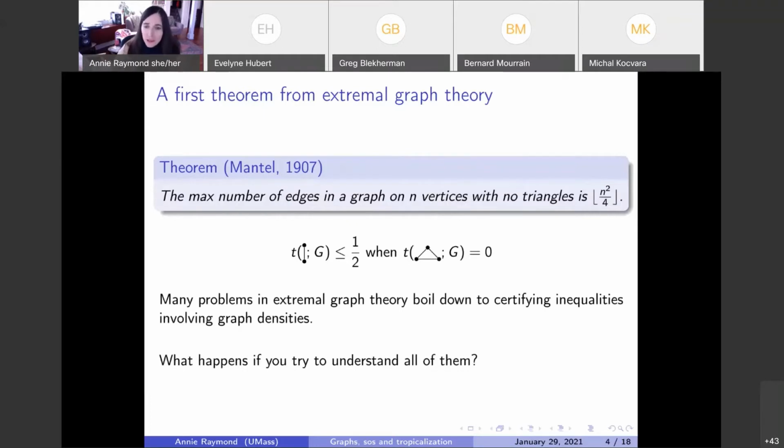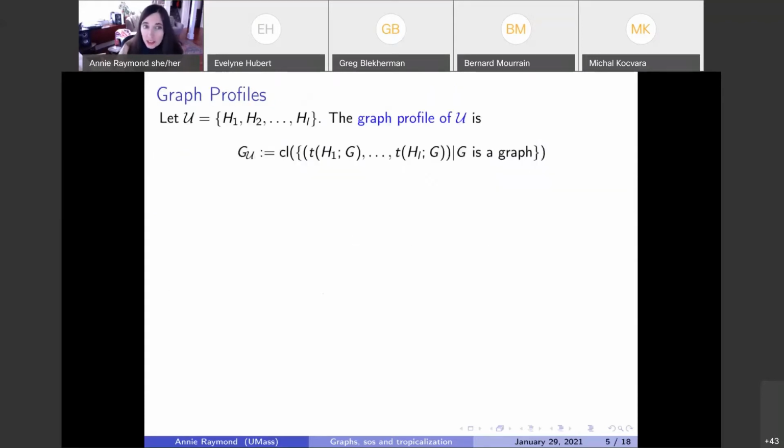But before we go there, I just want to give you a taste of the bigger problem: what happens if you try to understand all valid inequalities that involve graph densities. This is the concept of a graph profile. Let's say that I give you a list of some finite graphs, H1 through HL.